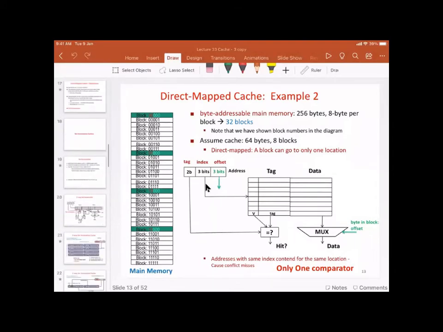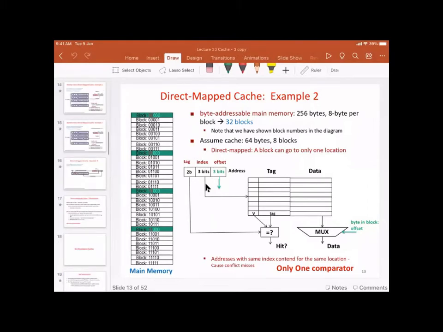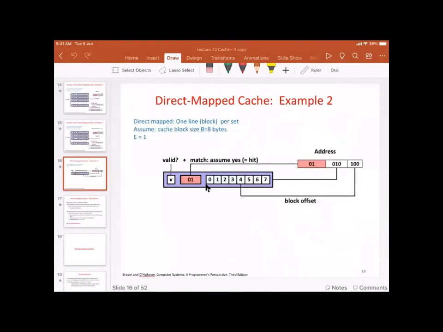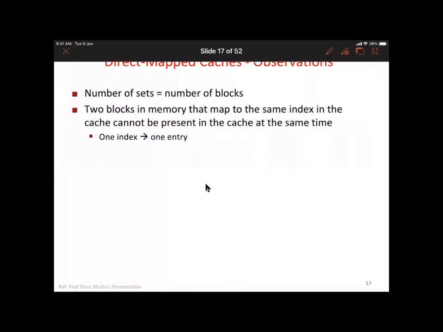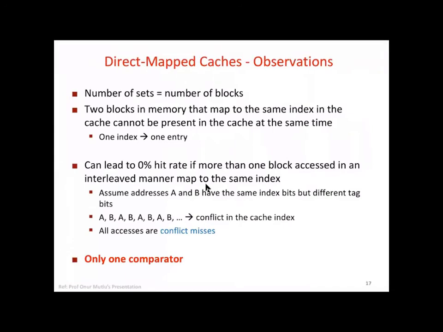What happens is that if one address is for the first block and the second address is from the second block, with the green color, we say that both map to the same location, and the memory accesses go like this: A B A B A B A B A B. Initially nothing is there, so there is a miss.